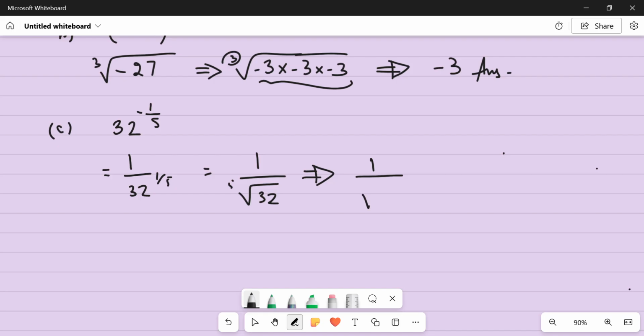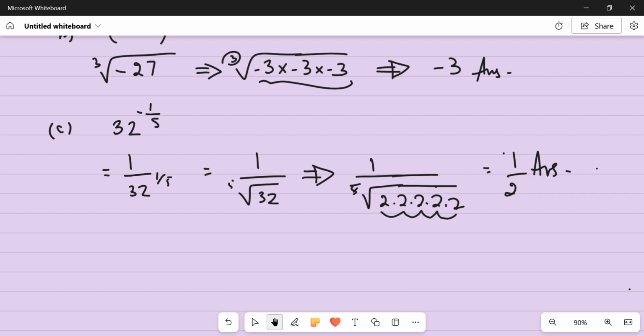The radical value 5 gives the hint that you need to multiply the same number 5 times. So 2 twos are 4, 4 twos are 8, 8 twos are 16 and 16 twos are 32. So we just cancel with this radical and 2 will come outside. So 1 over 2 is the answer.